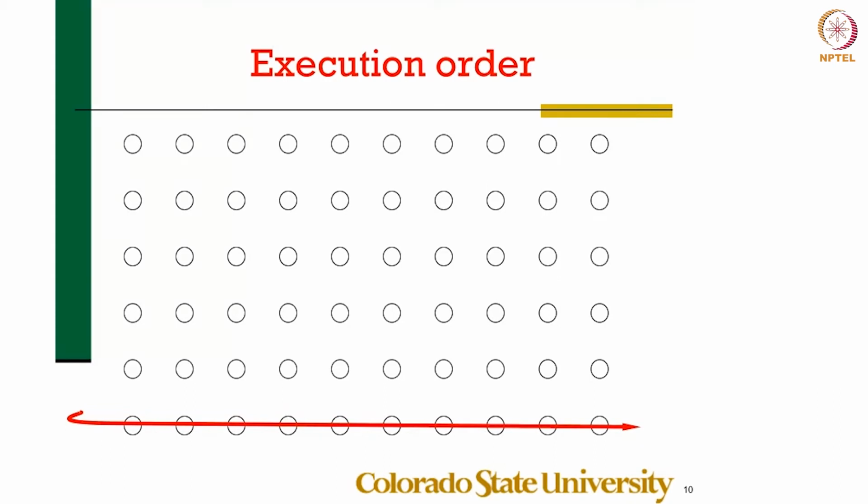It's also lexicographically before 4 anything, right? So that is the order between points in the iteration space that we will be following, because in order to figure out dependencies, you need to know which of the iterations occurred before. Okay, and we are going to use the lexicographic order.